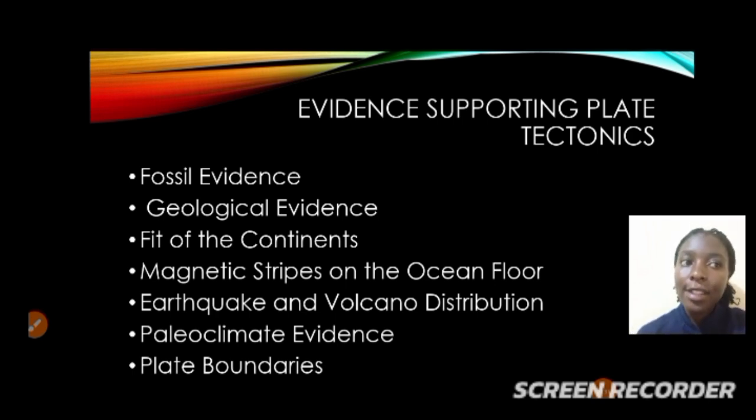They have the same climatic patterns. Then we talked of the plate boundaries, where we talked of the convergent, divergent, and transform fault, which is a very good evidence that supports plate tectonics.